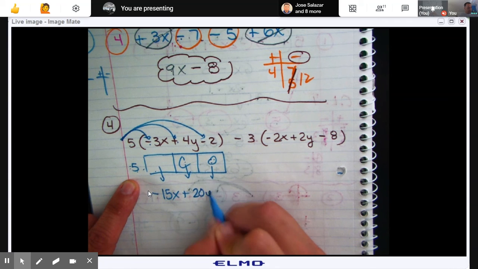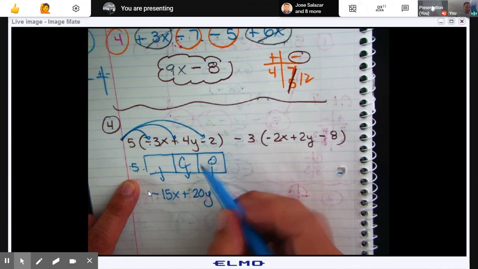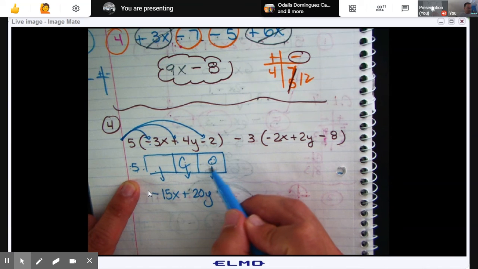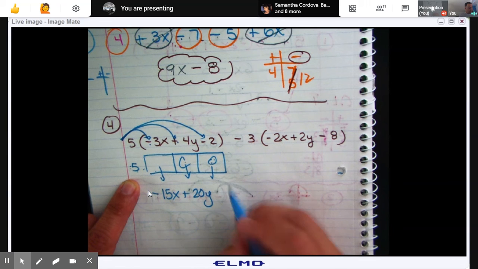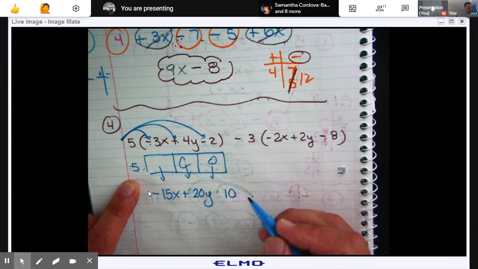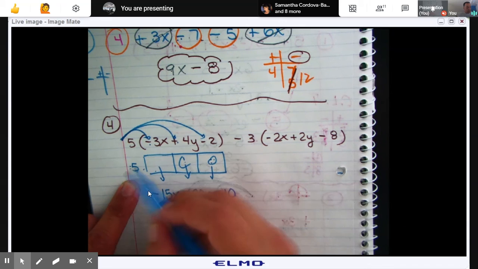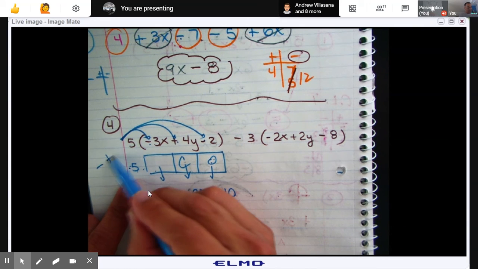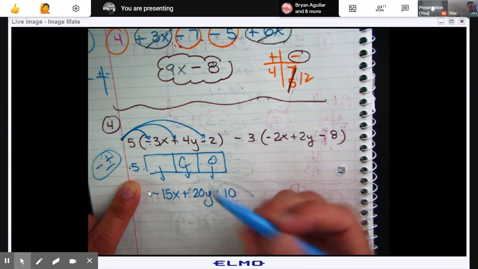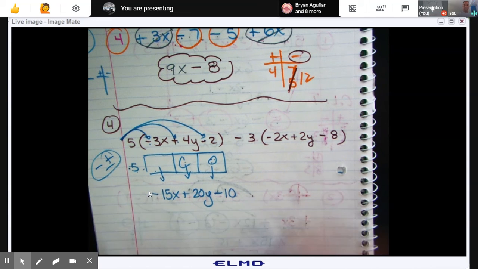Positive 20y. Very good. And Odalis, the next one? 10. Positive or negative? Well, look, we have positive times negative. What's positive times negative? Negative. You see that?